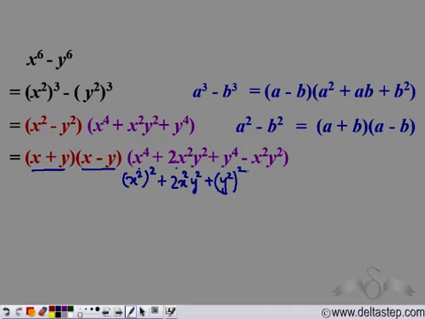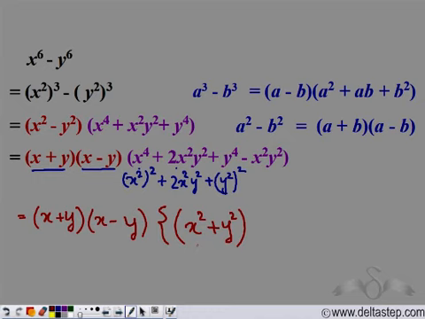So if we consider x square to be a and y square to be b, we can write it as a plus b whole square. So we can write it as x square plus y square whole square minus x square y square. We can write it like this.